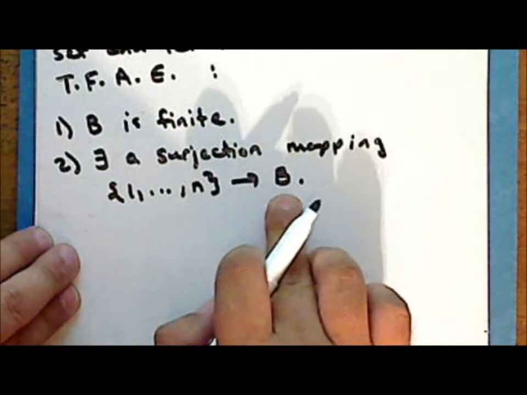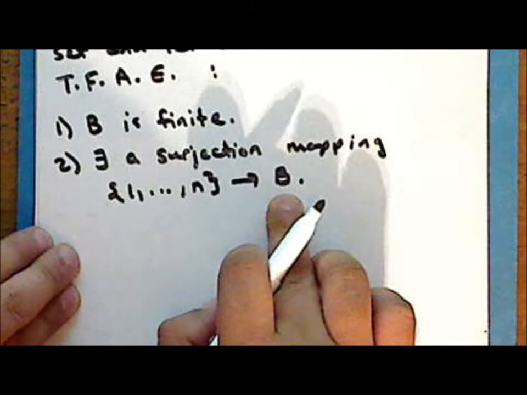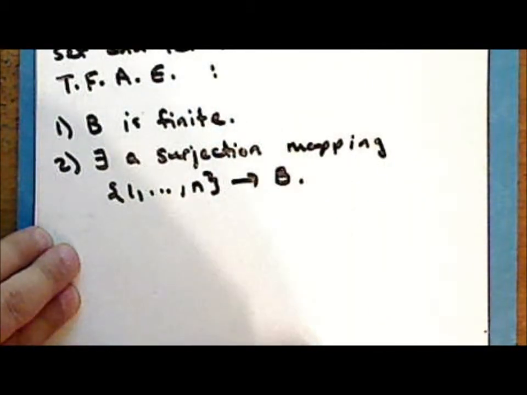And so the cardinality of B can be at most n.